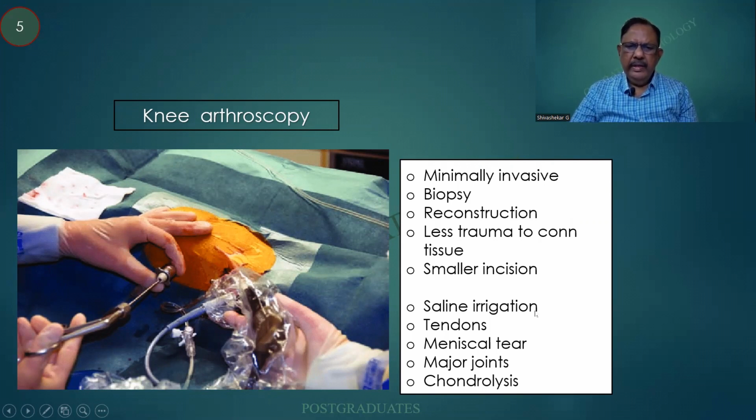Saline irrigation is mandatory for asepsis. Tissues such as tendons, meniscus, or even the major joints can be reconstructed or operated upon. One of the drawbacks can be chondrolysis, which is minimal. So we generally have an illusion that it is a highly septic procedure, which is not so.